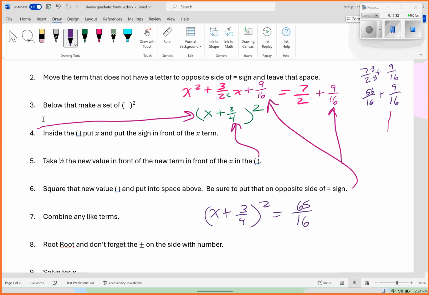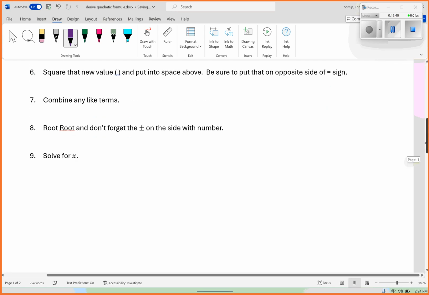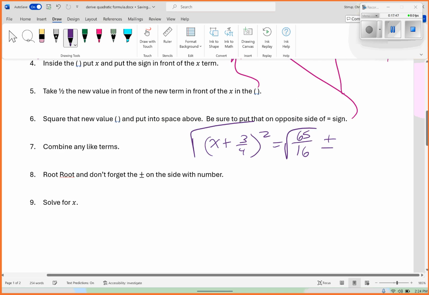Okay. Now, doesn't this look the same as what we've been doing, except I have a fraction? What's this step right here? What does number 8 say? Root, don't forget the plus minus. All right. So I get x plus 3 over 4 equals plus or minus the square root of 65 over 16. 64 would work, 49, 36, 25, 16, 9, and 4 won't work.